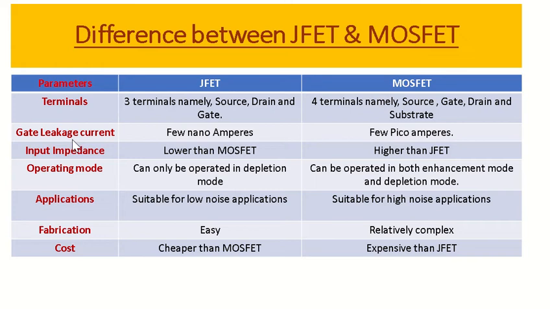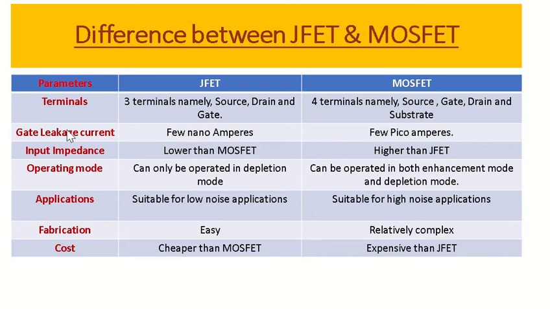Then quickly we will look at gate leakage current. Gate leakage current is of the order of a few nanoamperes in JFET. Coming to MOSFET, it's of the order of picoamperes. Every device usually has a sort of leakage current.